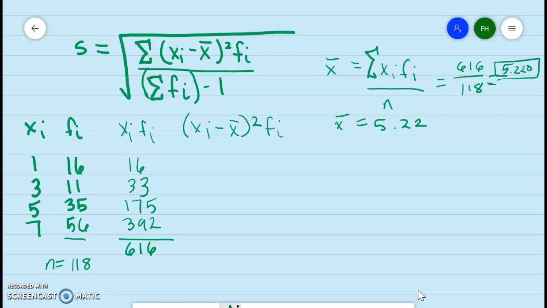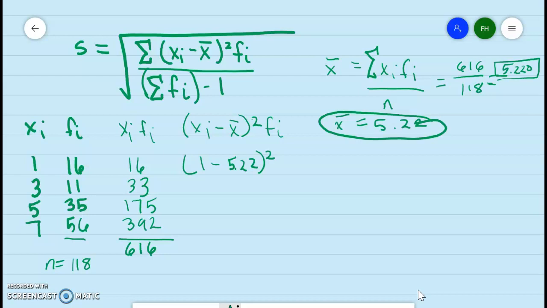So in your calculator, what you would want to do is do 1 minus 5.22. I'm going to circle that so I can keep plugging 5.22 in. You want to square it, and you don't want to round, because the example shows that they squared this.